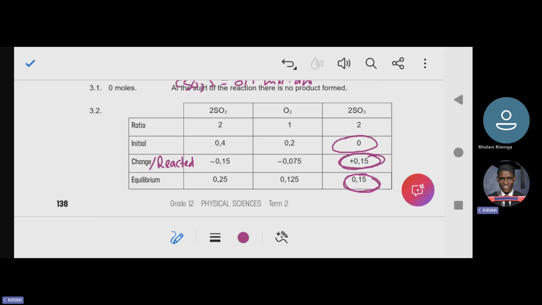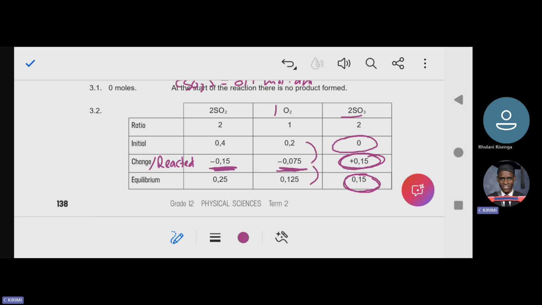Then using the reacted, which means these molecules are reacting in the ratio 2:1:2. So 2:2, which means these values are the same. They only differ in sign: here you are going to subtract, but there you'll be adding. That's all. So double or half of 0.15, coming from the reaction. To get the ones at equilibrium, just take the initial amount minus this.